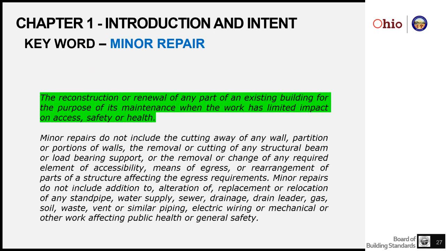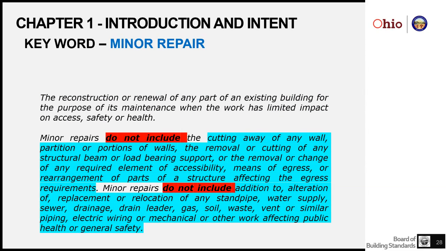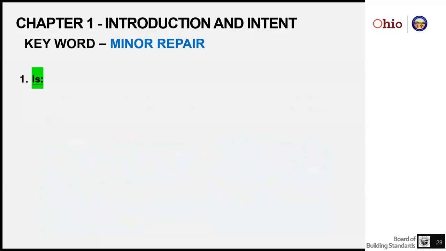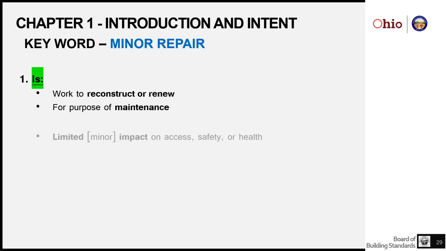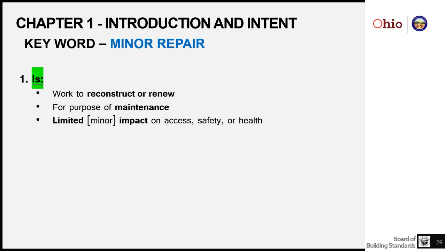The rest of it is about what minor repair is not. It does not include those things, both structural things in the first part of the paragraph and building equipment systems in the second part. So what is minor repair? It is work to construct or renew for the purposes of maintenance, and it has minor impact on the access, safety, and health of the building.